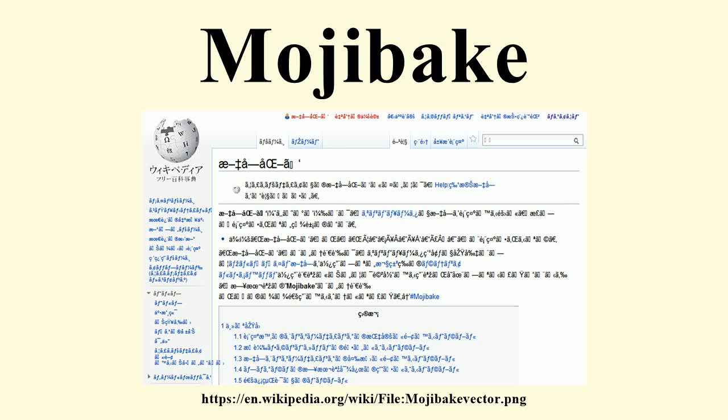Mojibake, from the Japanese character plus transform, is the garbled text that is the result of text being decoded using an unintended character encoding. The result is a systematic replacement of symbols with completely unrelated ones, often from a different writing system.